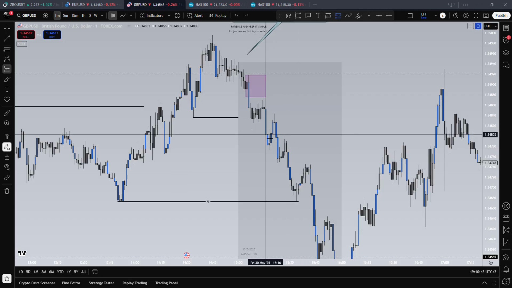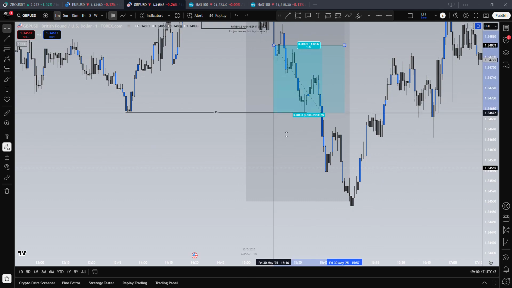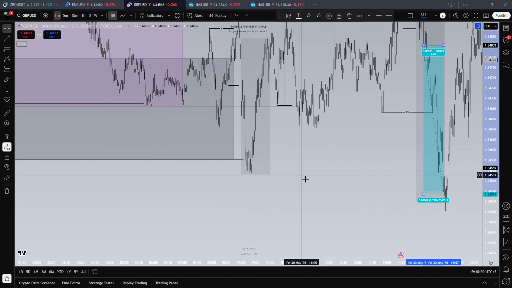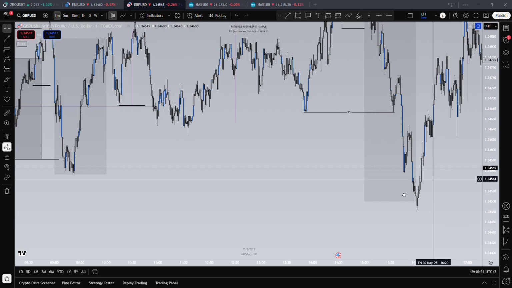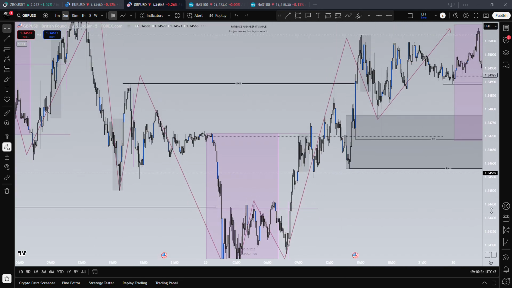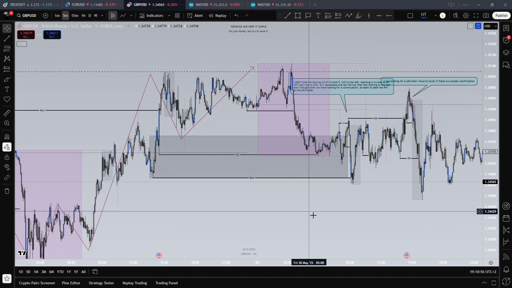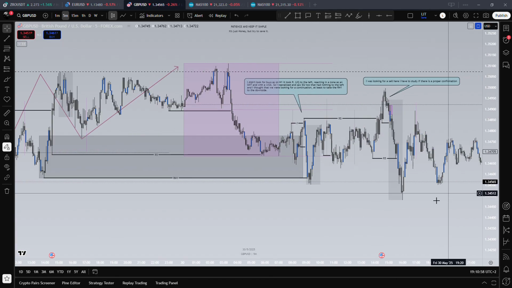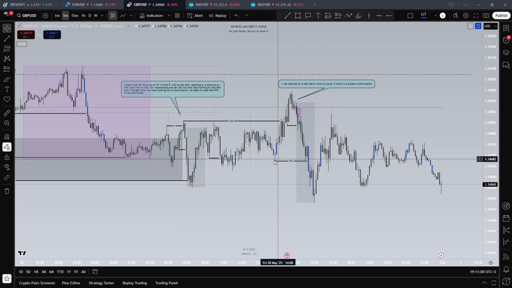But then we had this candle, so the entry should have been something like this, and the target here, so it's not worth it. I at least look for one to four trades, so that was not worth it. We took the round liquidity on M5 here, and then it went sideways.